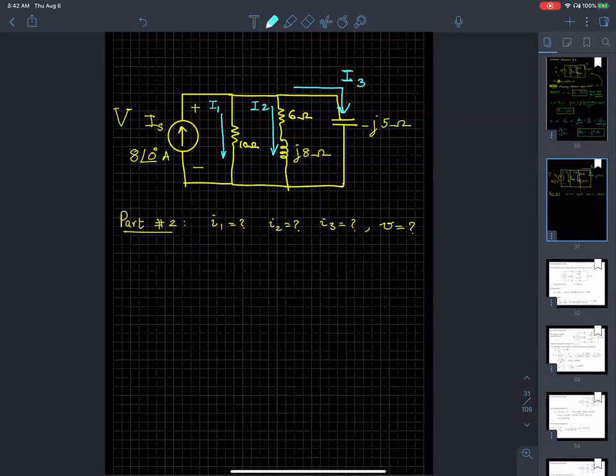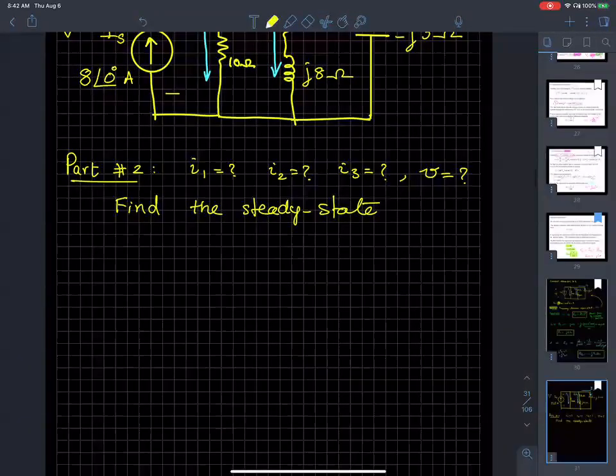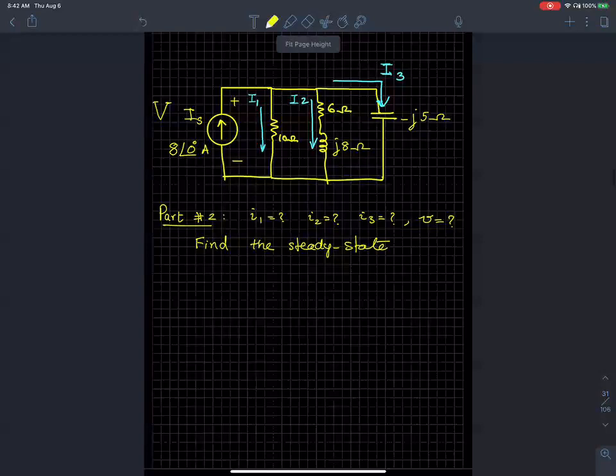So the second part is to find the steady state expression for the above.